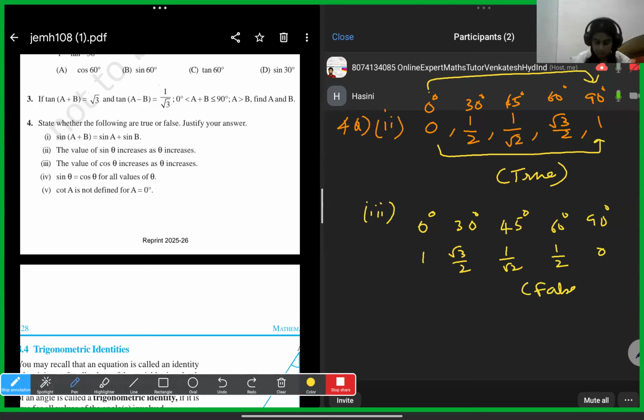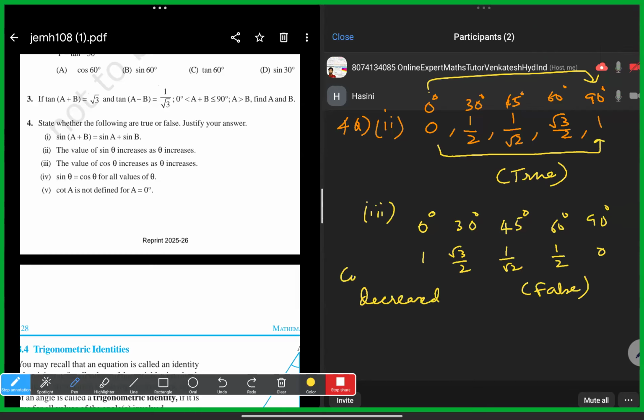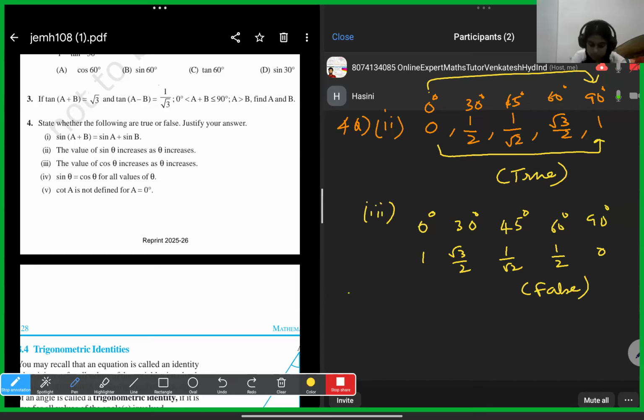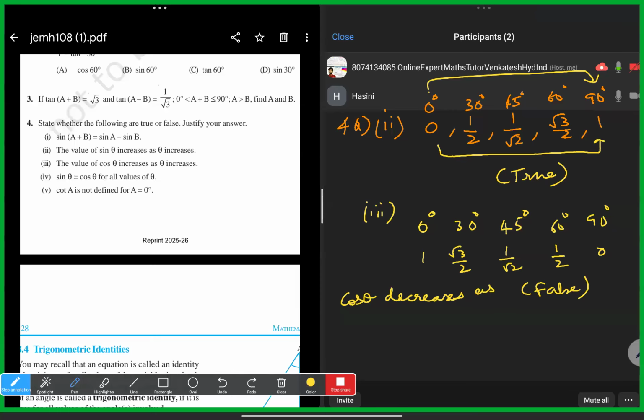So it decreased actually. Cos theta decreases as theta increases.